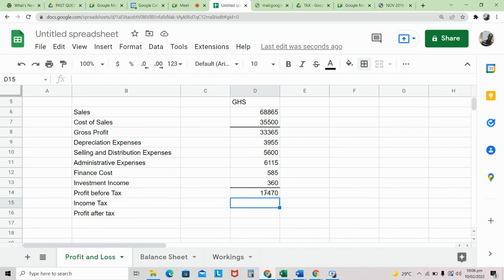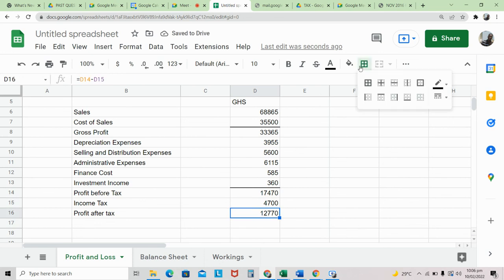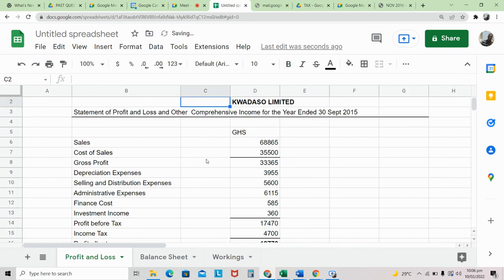So this is 4,700. So now we have our profit after tax of this 12,770. Okay, this is our profit after tax.